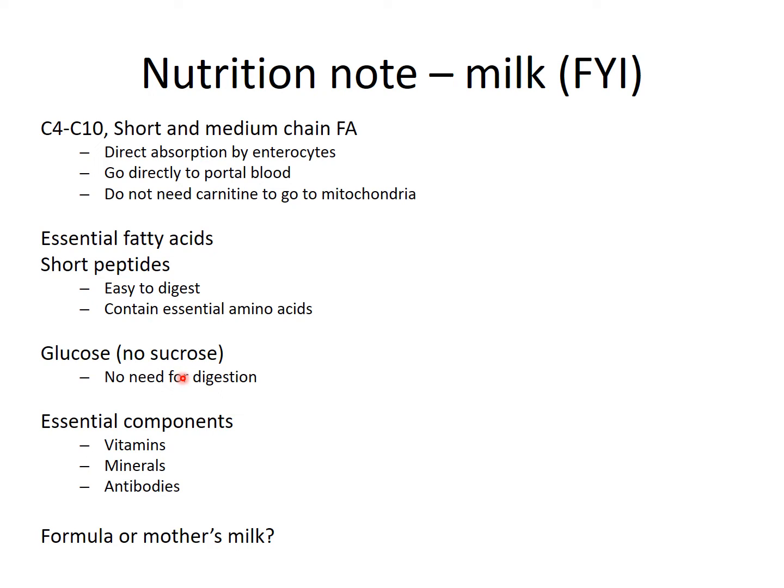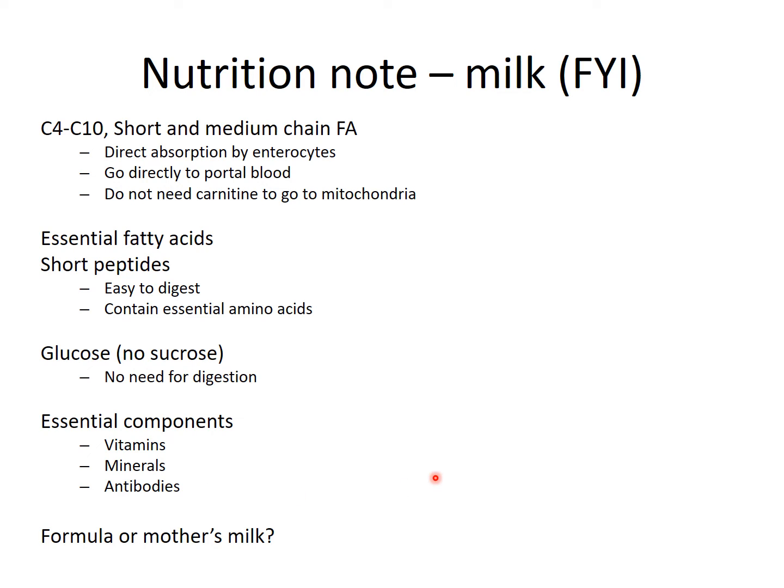Again, there is no need for digestion. It can go right away to the portal blood and can be taken up by any cell for energy. And the milk also contains essential vitamins and minerals. It also contains antibodies. If I am not mistaken, these are IgAs.